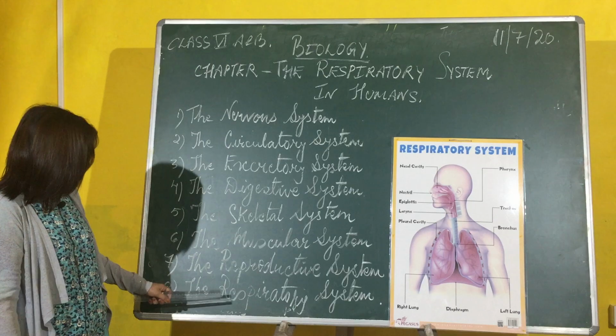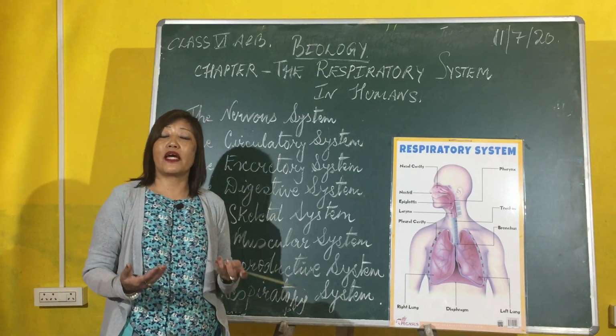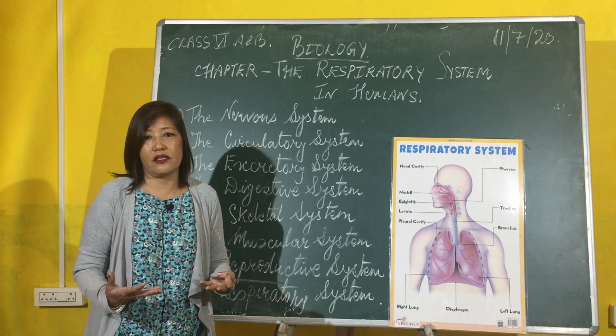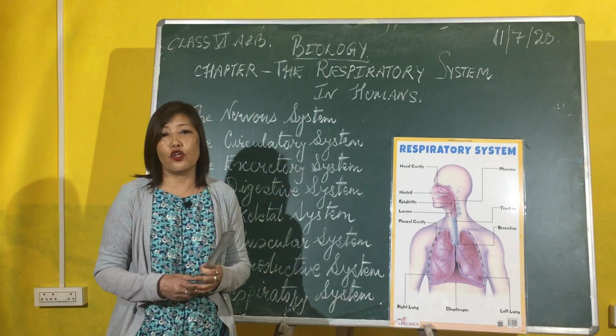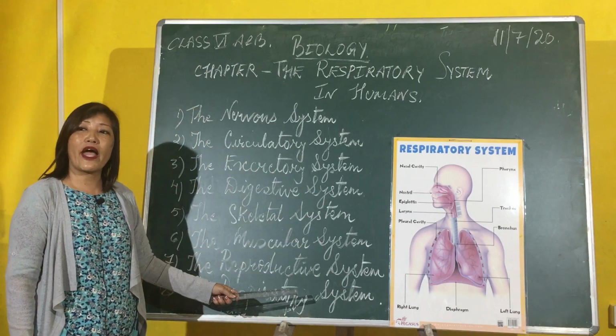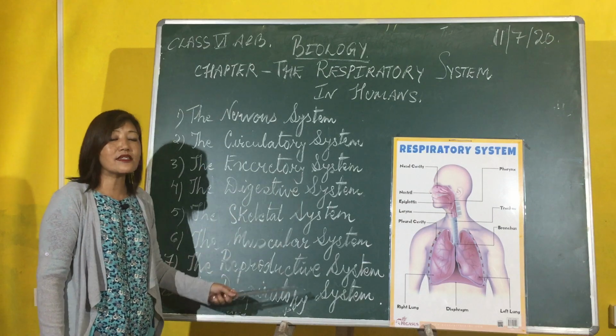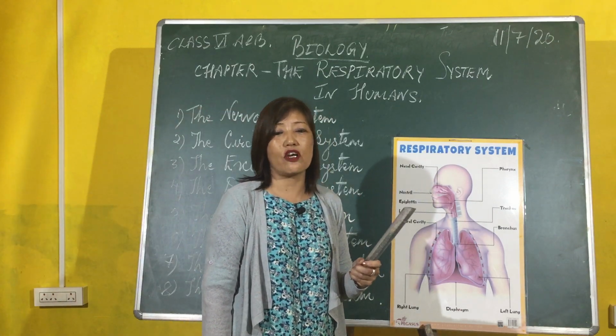And the last one is the respiratory system, the system that helps us to breathe, and the system which gives us energy also. So, these are all the systems which we have in our body, and these are the systems which control all the activities of our body.